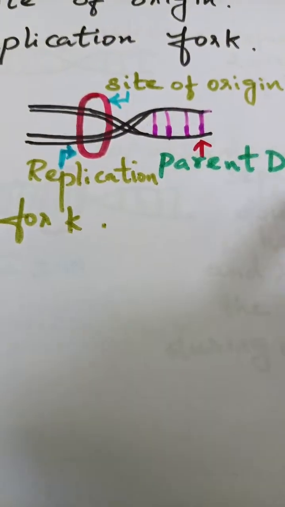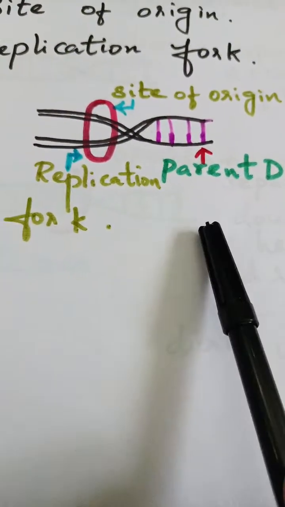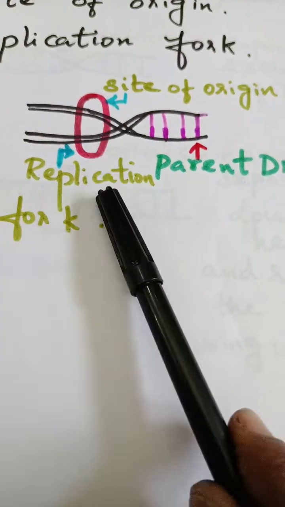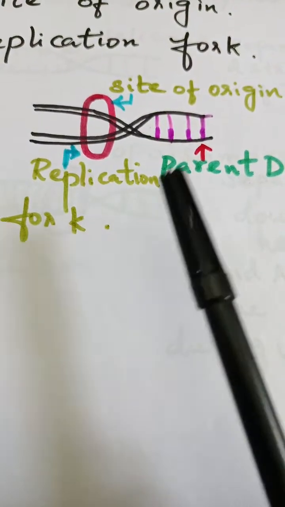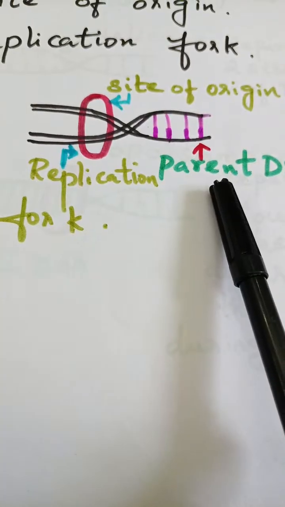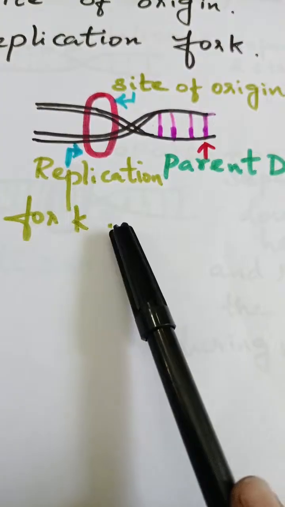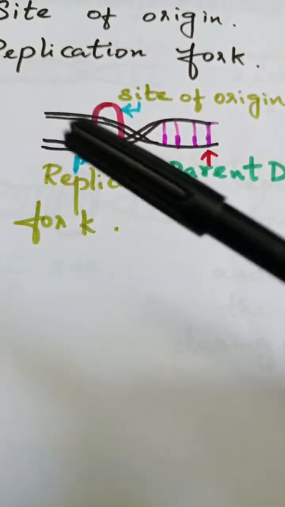This is the first and foremost step in the replication process: the parent DNA finds a position, the site of origin, and a replication fork is formed. Thereby the double strand of the parent DNA molecule will unwind, and then it will start producing the new daughter DNA.